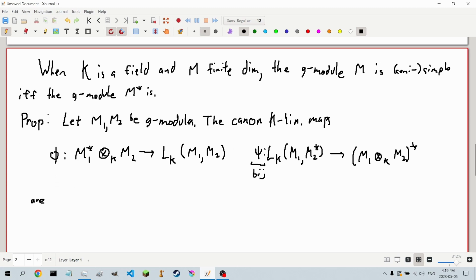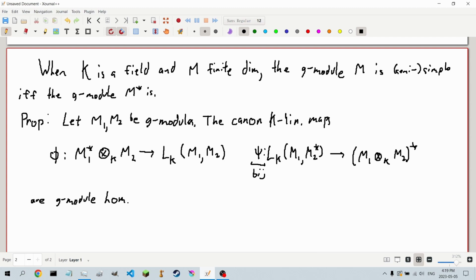These are G-module homomorphisms. So I don't know what these maps are explicitly because I don't have the text in front of me that it's referencing. But I would reckon to guess that phi, because the elements of phi are generated by linear maps, by dual maps of M1 tensor elements, an element of M2.